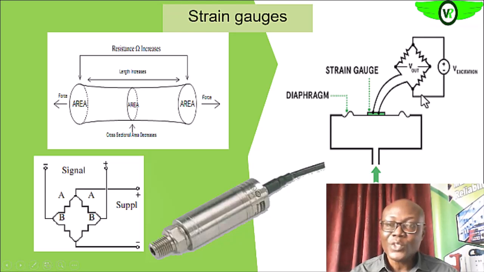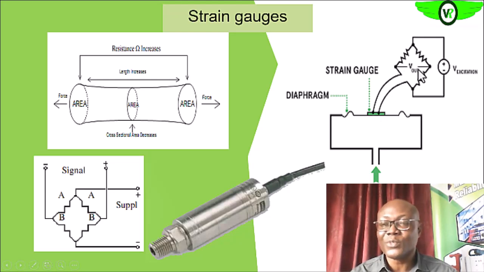So once it is stretched, the balance on the Wheatstone bridge will be affected, because this resistance has changed or increased, so that will cause voltage to flow here. The amount of voltage that will flow depends on the change that we have here. So the meter reading will be calibrated to give us a direct reading of the pressure that will cause that change.